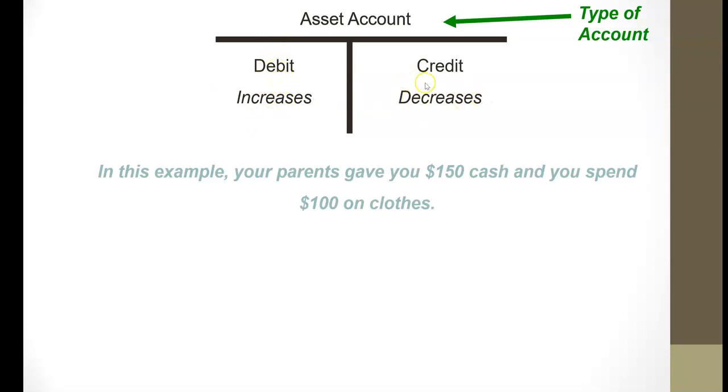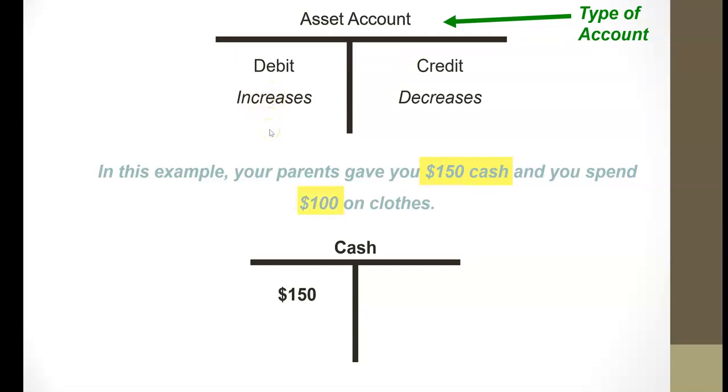If there is a decrease in that particular account, then you will record that information on the right-hand side. So in this example, we have cash, $150 that we received. What happens to our cash balance when we receive that $150? It increases, which means we would record that $150 on the left-hand side of this particular T chart, or in our cash account.